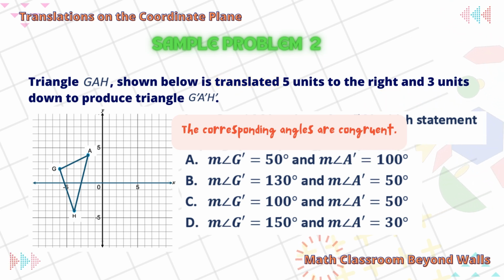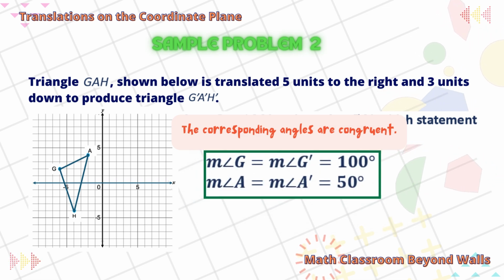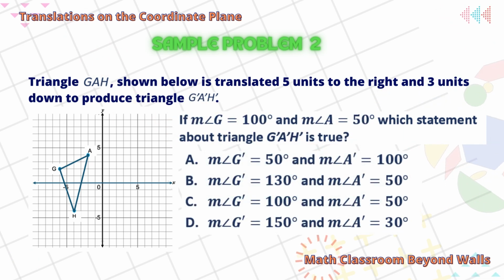In particular, it means that the measure of angle G is equal to the measure of angle G prime equals 100 degrees. In like manner, the measure of angle A equals the measure of angle A prime equals 50 degrees. There you are, learners. We can now examine the options and determine which statement is true.